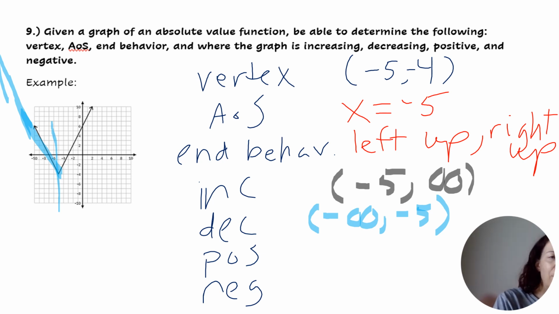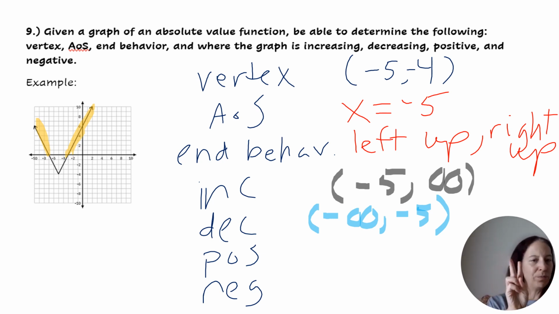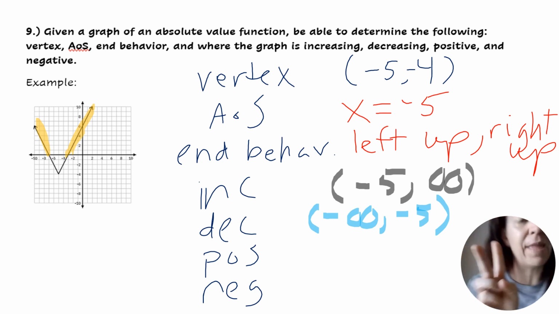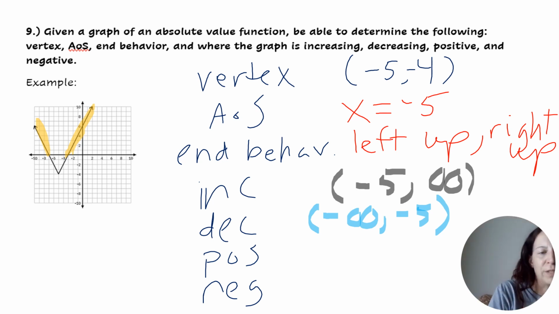And then we have positive. Well, the positive interval is where it is above the x-axis. And you'll notice that there are two places where it is positive and they need to be stated in two separate expressions. So that, like the one right before it, starts at -infinity, but it stops at -7.